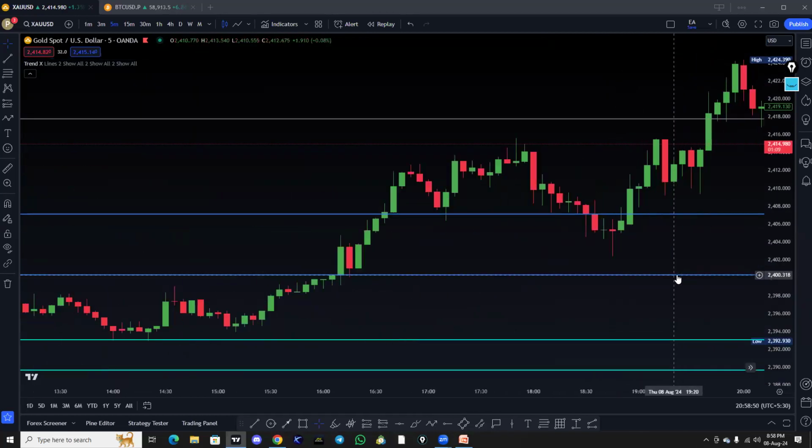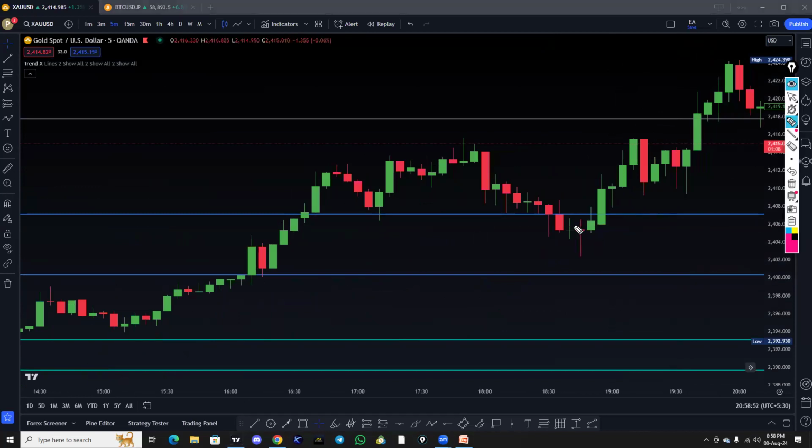Can you see this candle, guys? Correct. And you can see this is a hammer, and this is a Dragonfly Doji. See, I'll tell you. I'll show you.